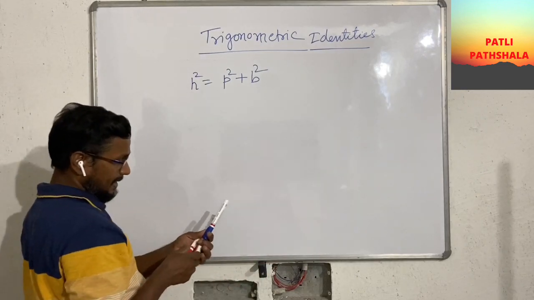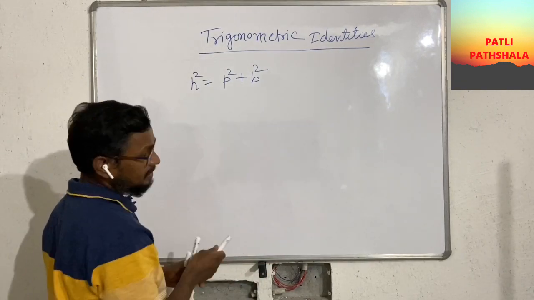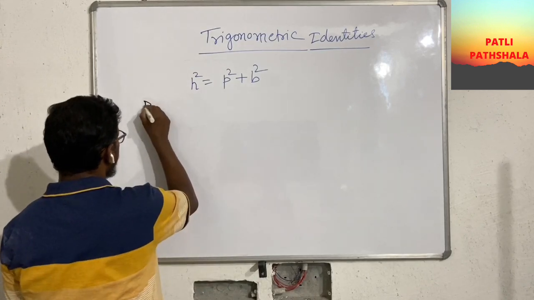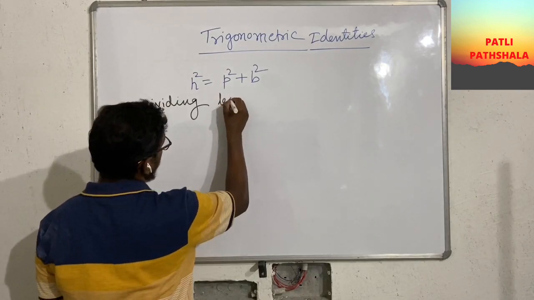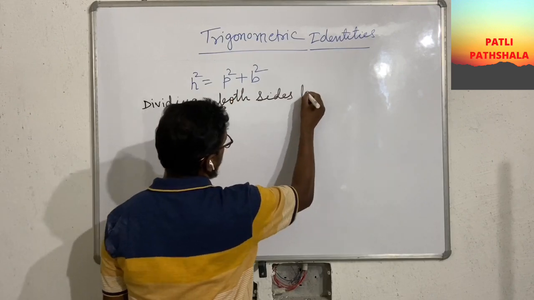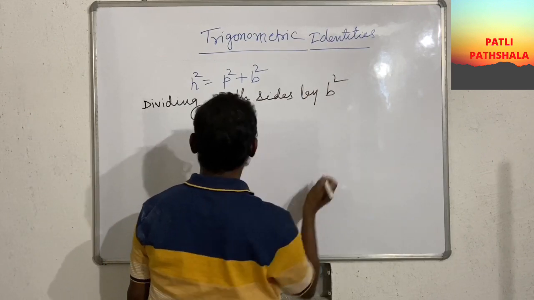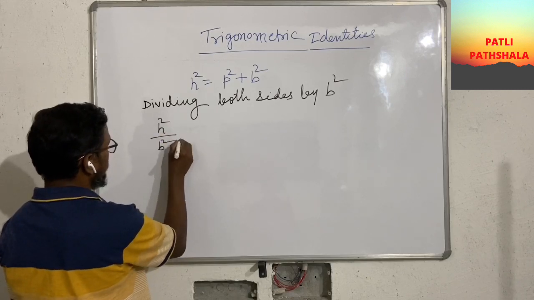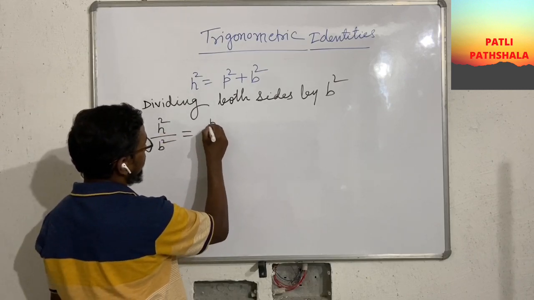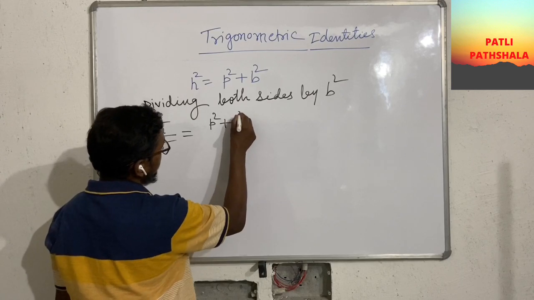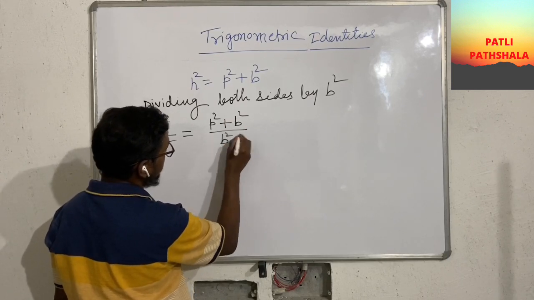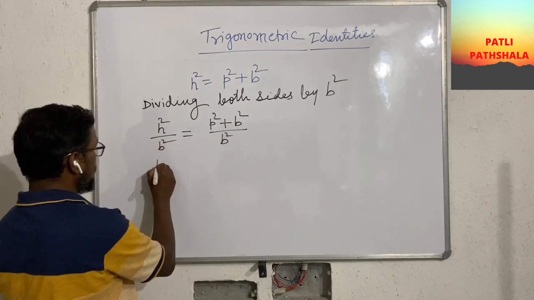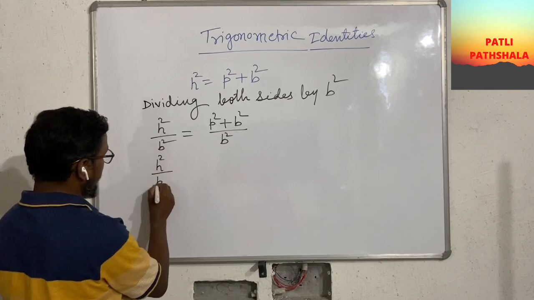We are going to divide this relation by b square. So dividing both sides by b square. So here we will get h square by b square is equal to p square plus b square whole divided by b square.